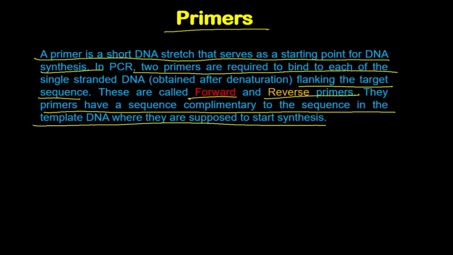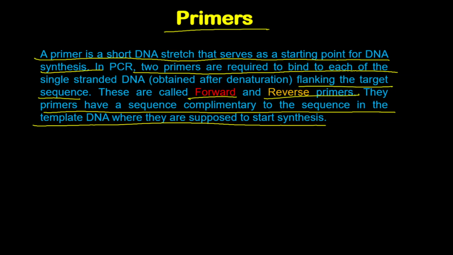Okay, so primers. What is a primer? A primer is a short DNA stretch that serves as a starting point for DNA synthesis. In PCR, two primers are required to bind to each of the single stranded DNA obtained after denaturation, flanking the target sequence.